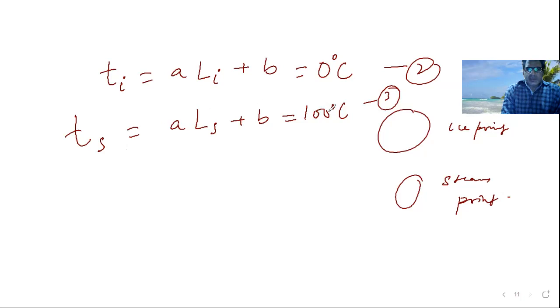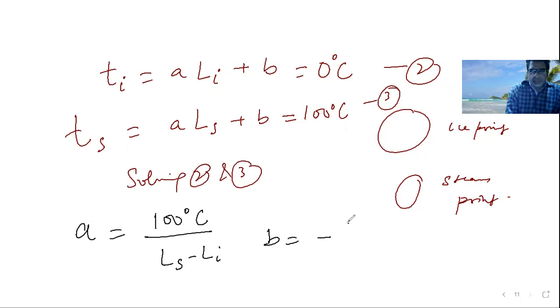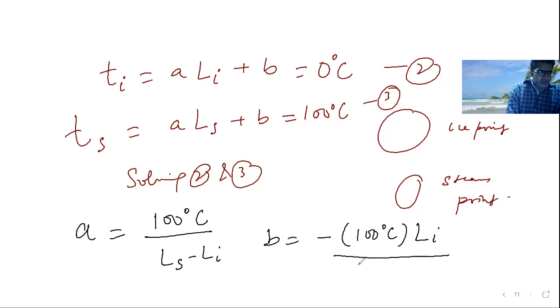Now I can solve. Solving 2 and 3 for A and B, we get A is equal to 100 degrees Celsius over Ls minus Li, and B is equal to minus 100 degrees Celsius times Li over Ls minus Li.